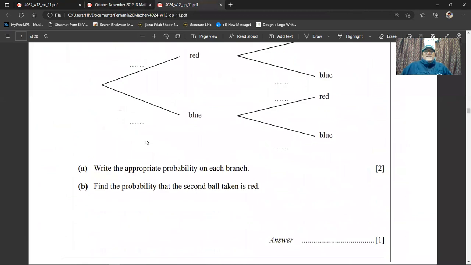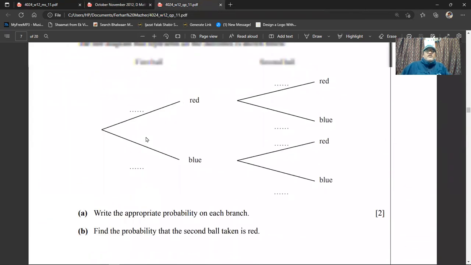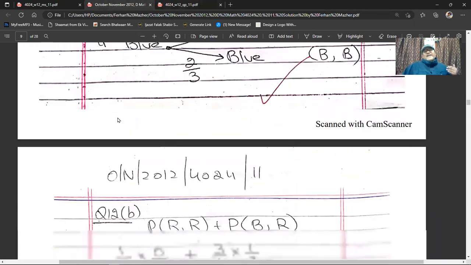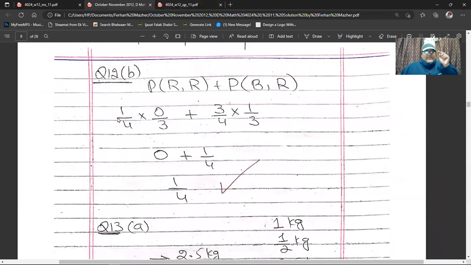Now the next part, question number 12, B part, is find the probability that the second ball taken is red. The second ball taken is red means that on the second position, the ball should be red. So there can be 2 chances, red comma red and blue comma red.